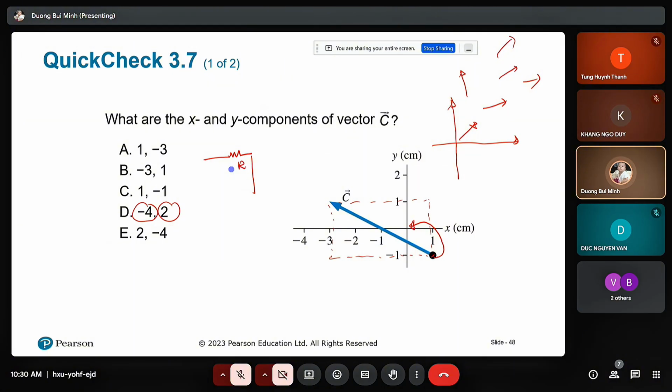Vector V1 should be here. Because the phase is 0, vector V1 has magnitude V1 and 0 degrees. So now we have this vector.